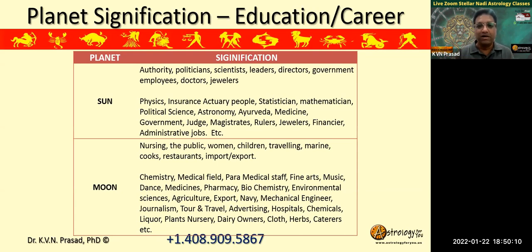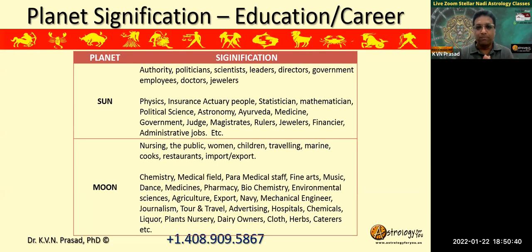Okay, so politicians, government service, anything related to government, astronomy, Ayurveda, magistrates. Those are all professions; again, we will deal with it. I just clubbed both. Anything related to government, leadership, medicine, all that is sun.